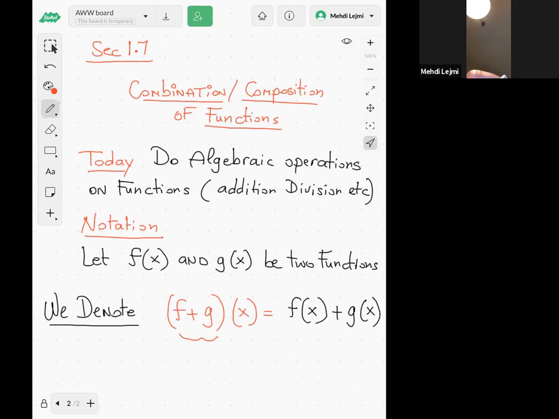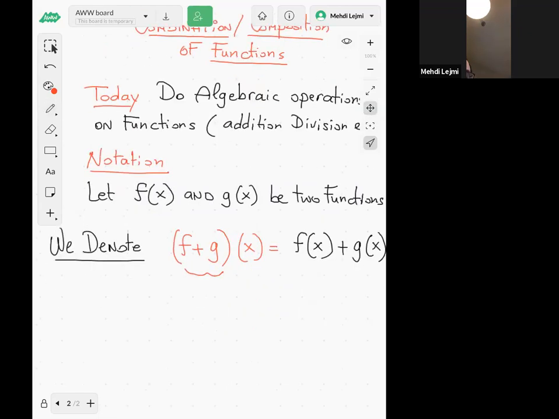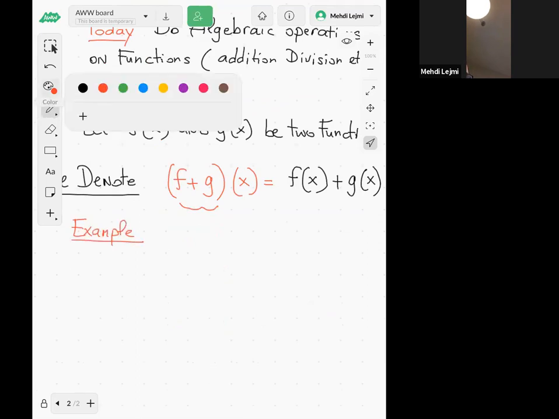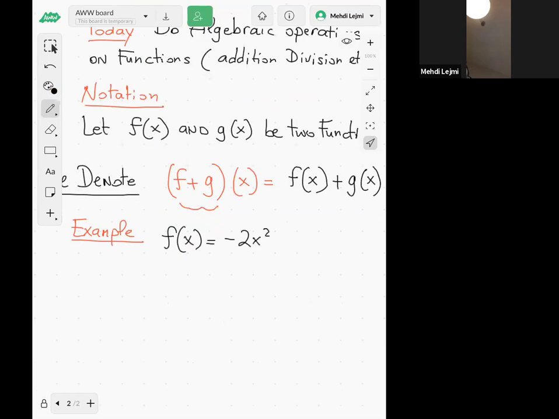So let's do an example here. Let's say f of x is minus 2x squared plus 5x minus 3. That's my first function. My second function, g of x, is, let's say, 5x squared minus 3x plus 2.